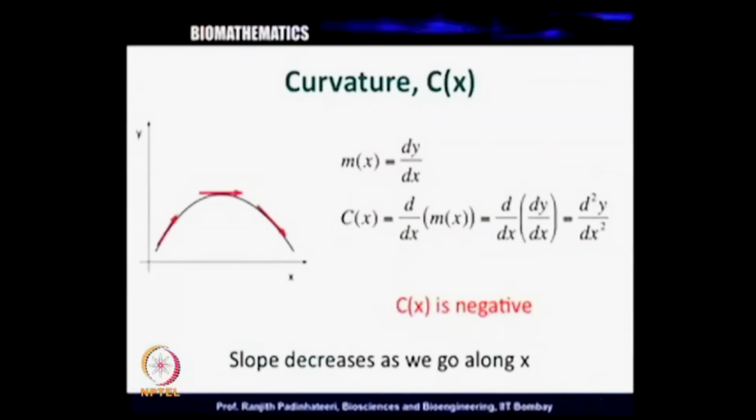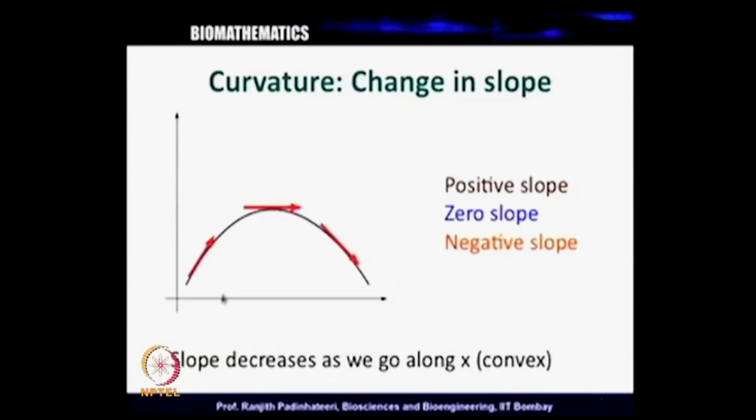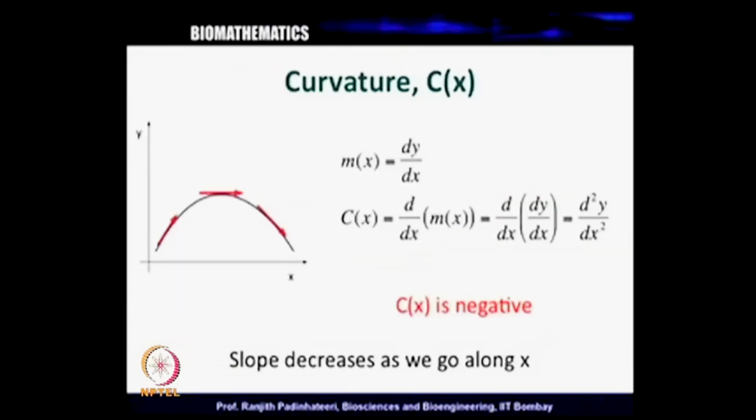If you have a maximum, the slope goes from a positive value to a negative value, so the slope will decrease.